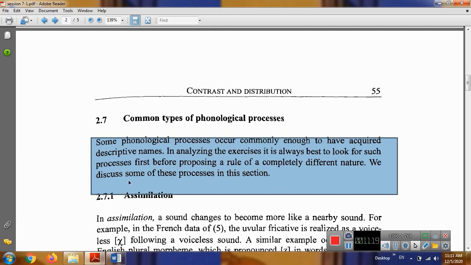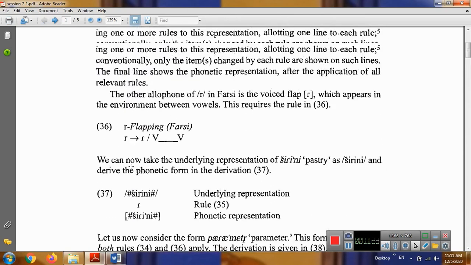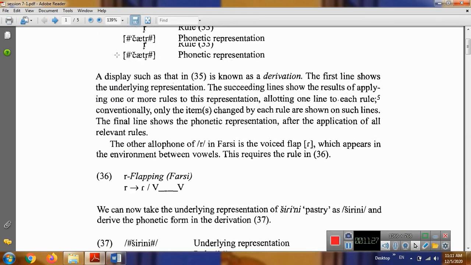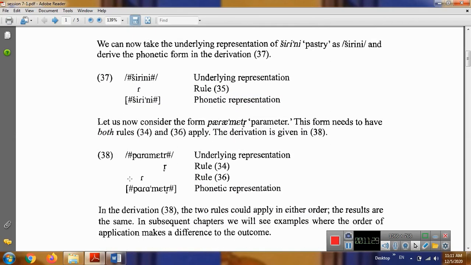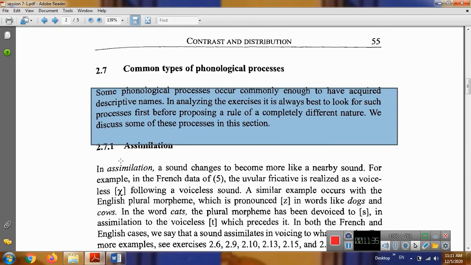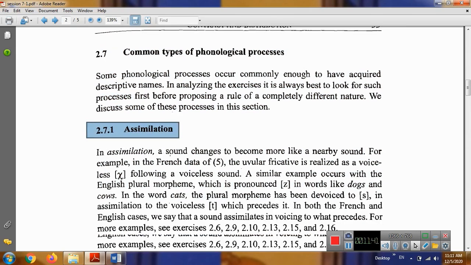We discuss some of these processes in this section. As I told you, I introduced you to rules in the previous session, like these rules. Sometimes these rules have their special name, and we should call them by their name.